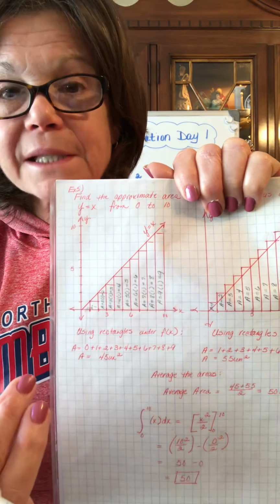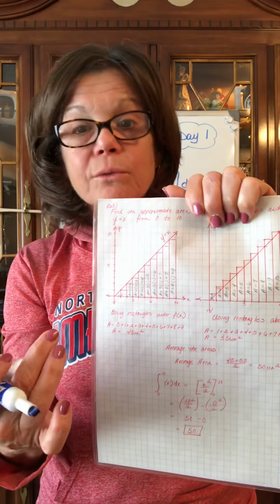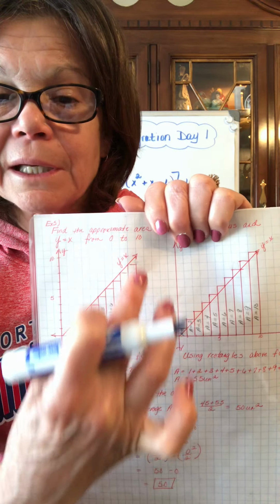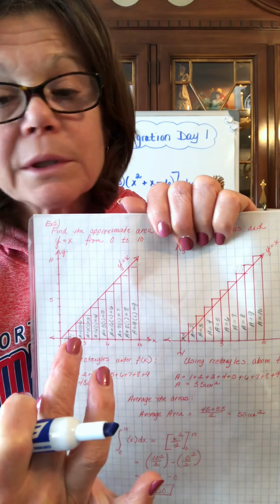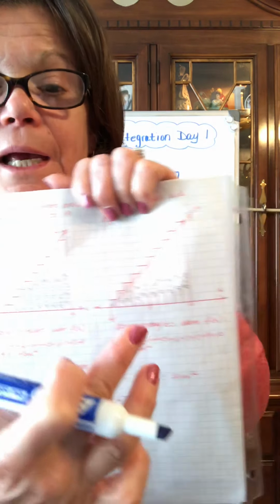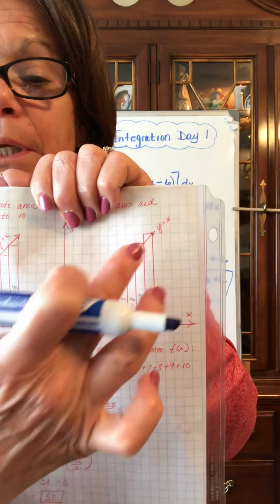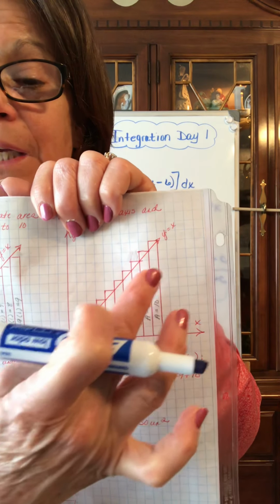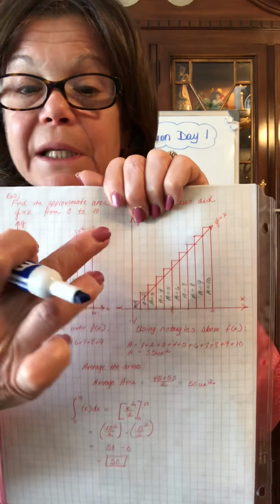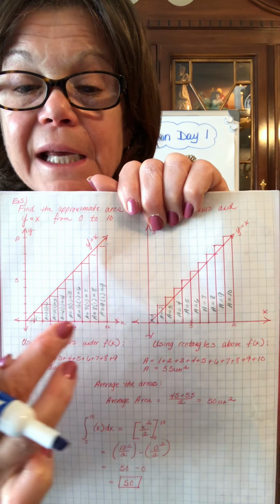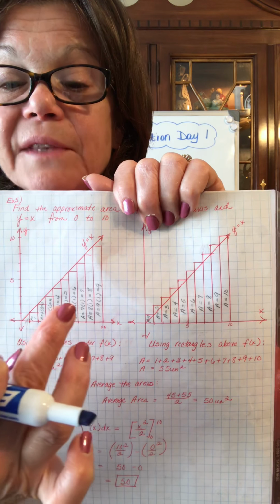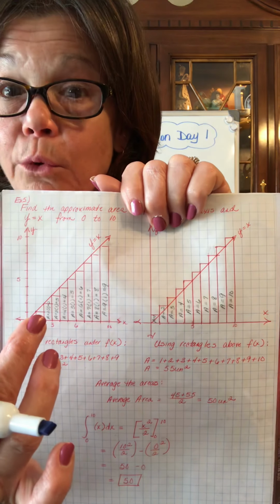But what Riemann's sum is and what you're going to use integration for next year when you do calculus is if you break this area into small rectangles that are a little bit below the function and you find the area of all of those, and then you do rectangles that are a little bit above the function and you find the area of all of those rectangles, to find the exact area between that function, the x-axis, and x values of 0 and 10, you would add up all of these areas that are a little bit below the function.